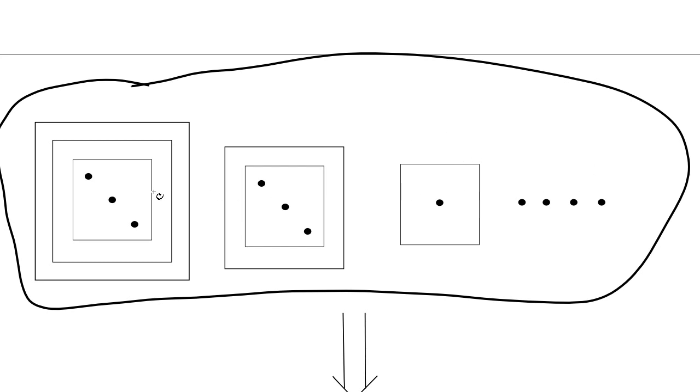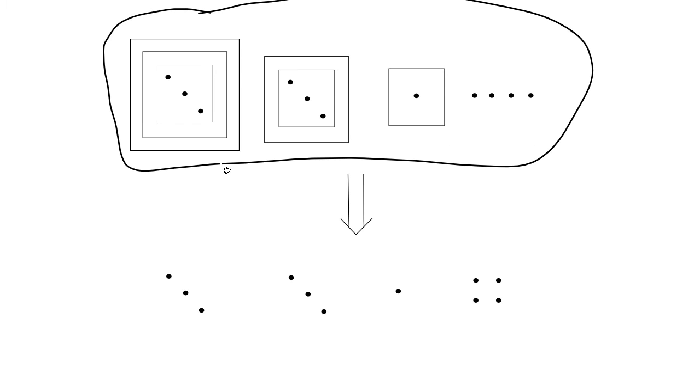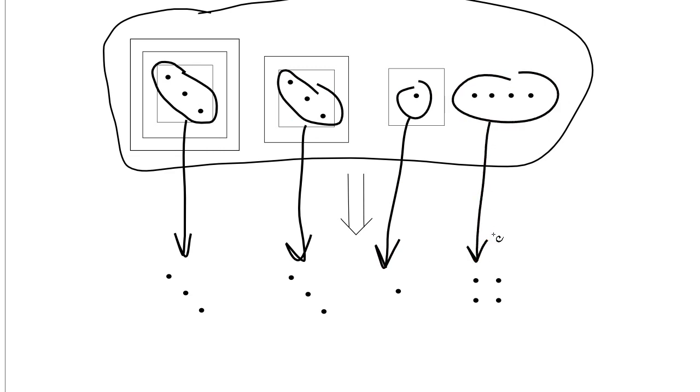So in some sense, I could drop all of these squares that represent the packages and say that I just wrote this. Now the correspondence here is clear. Instead of drawing this whole picture, I just draw the number of dots inside there, and instead of drawing this whole picture, I just draw this, and here I just draw this, and here I draw this.